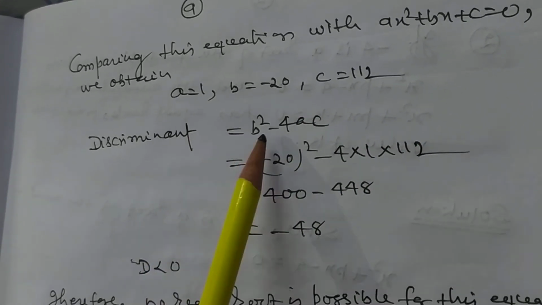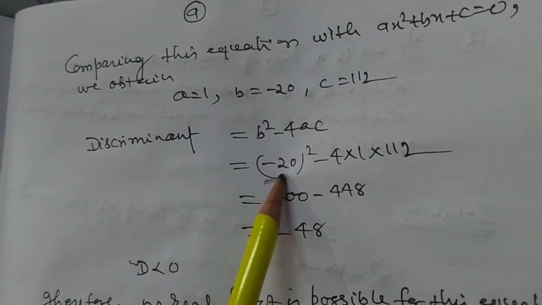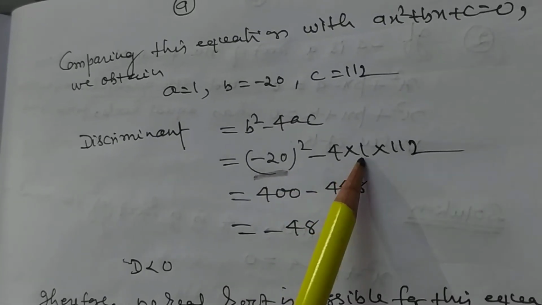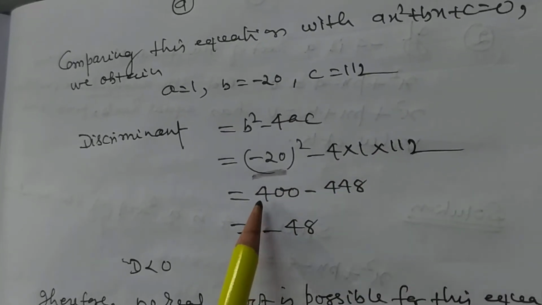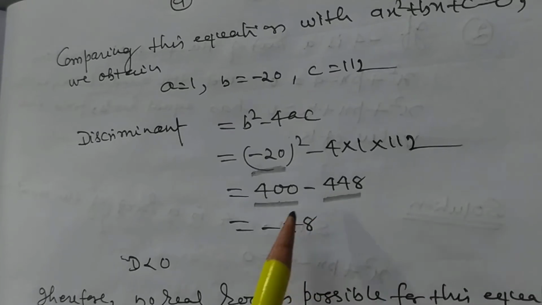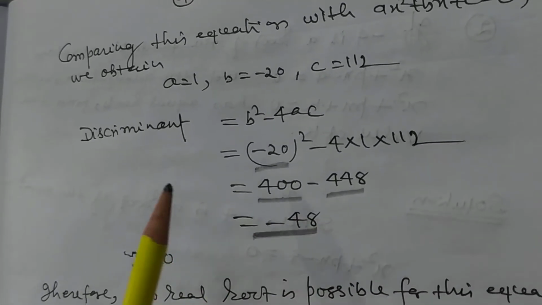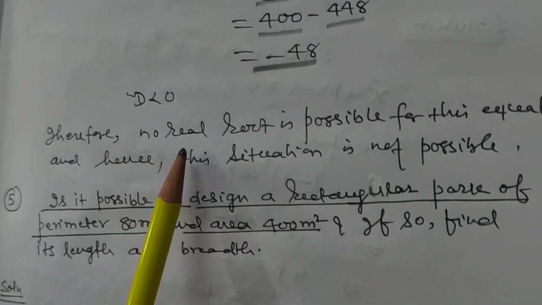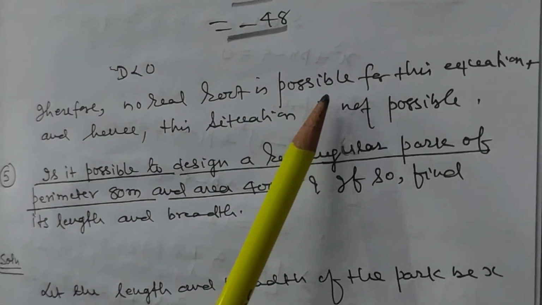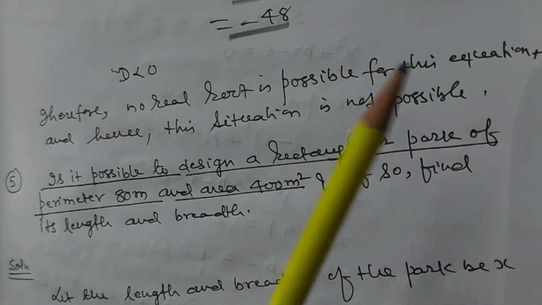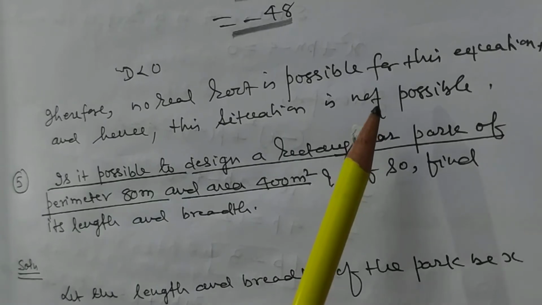So discriminant is equal to b square minus 4ac, that is minus 20 square minus 4 into 1 into 112, that is 400 minus 448, that is minus 48, D less than 0. Therefore no real root is possible for this equation, and hence this situation is not possible.